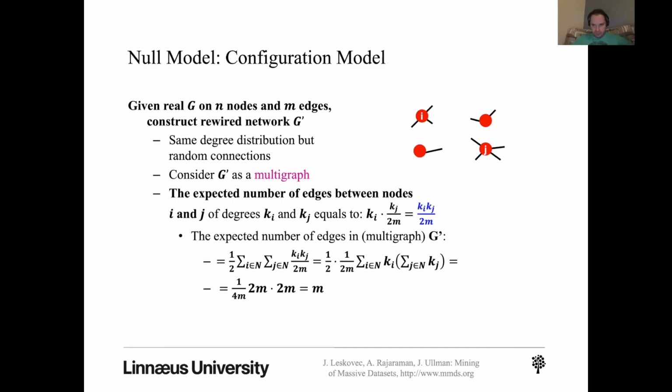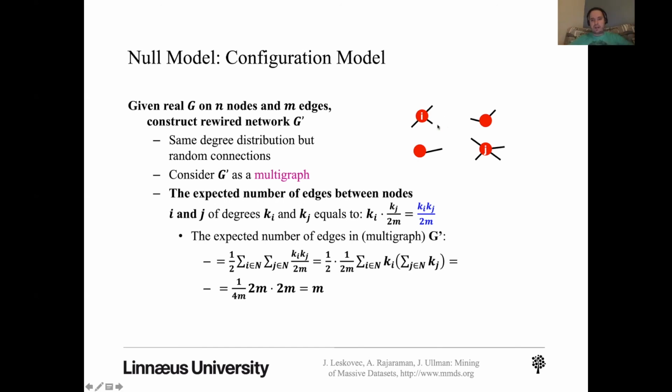So I'm not changing the degree of the nodes. If a certain node has 3 edges, it will still have 3 edges, or if it has 2 edges, it still has 2 edges. But then I imagine this hypothetical situation where we would randomly reassign these edges all around.